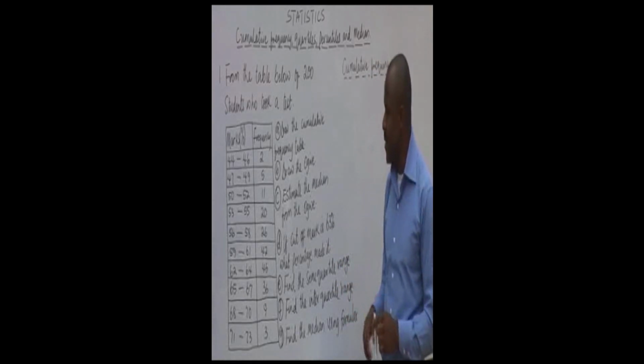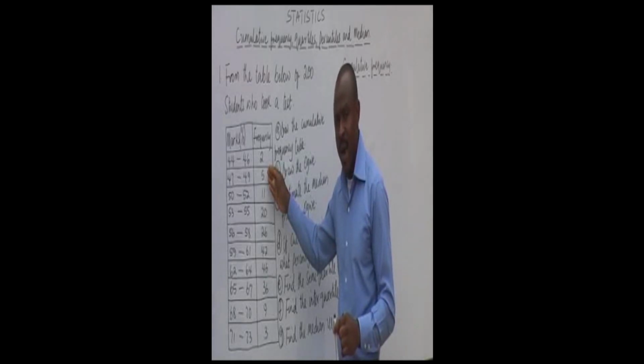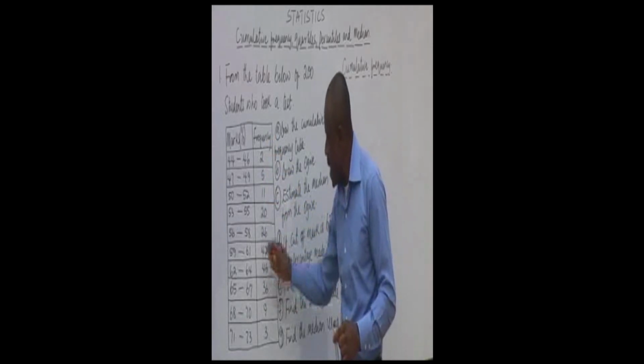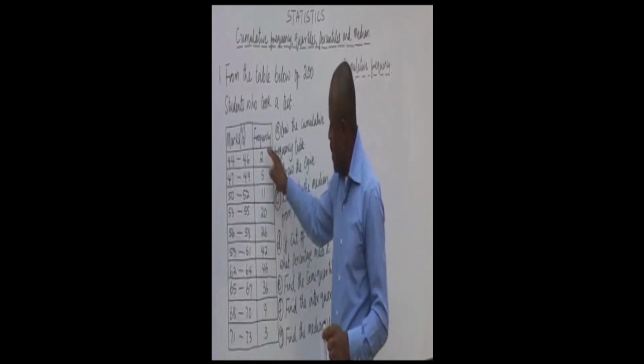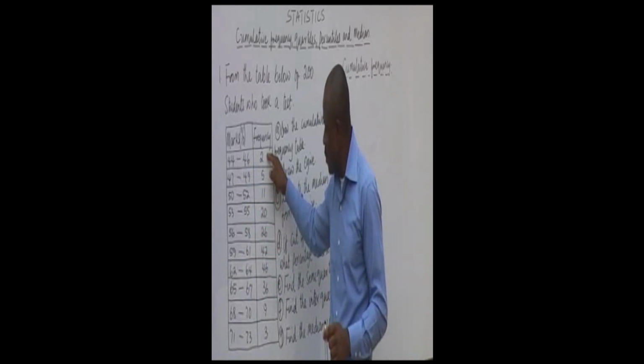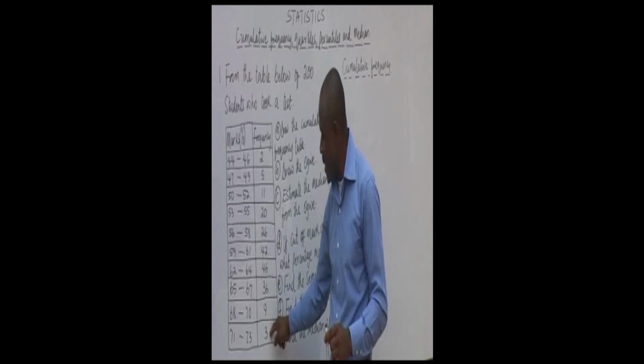For instance, if you come to this table, these are the frequencies and these are the class intervals of maths. The first class interval has frequency of 2, the second 5, the third 11, the fourth 20, and it went down, the last 3.